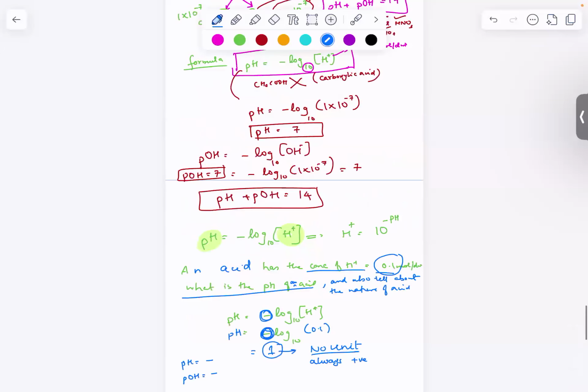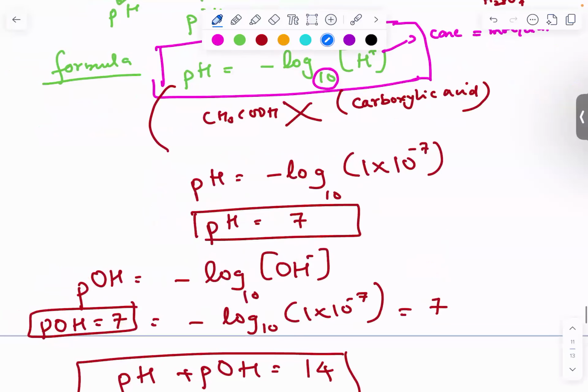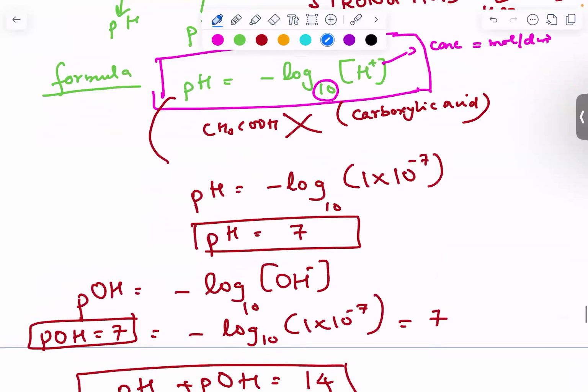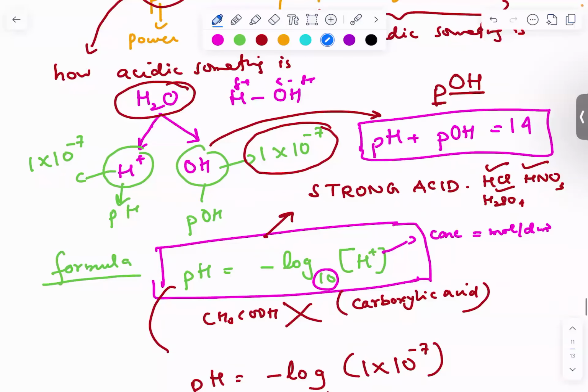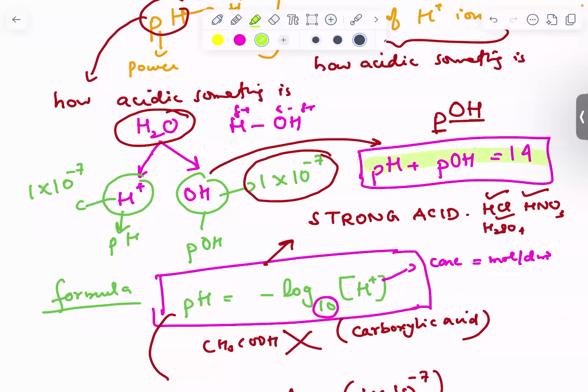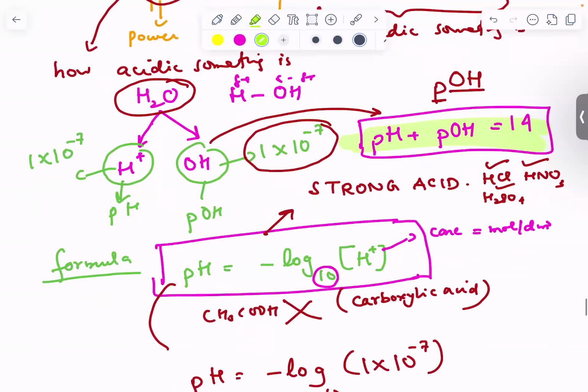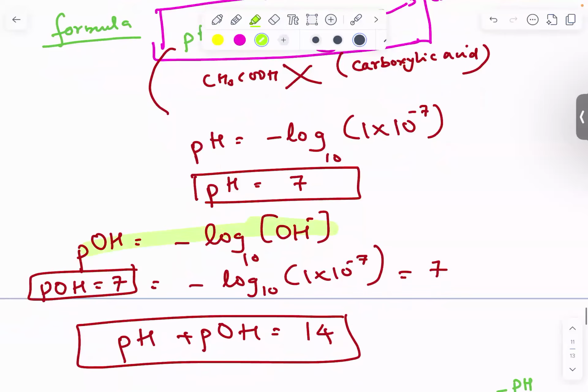Okay, so let me check from your book now. Yes, they haven't given this formula, which I think is very important. That is for the base, how to calculate the pOH.